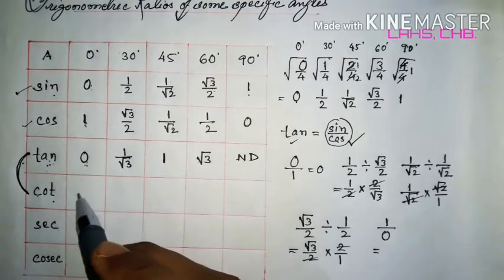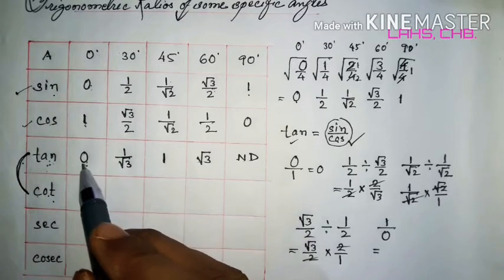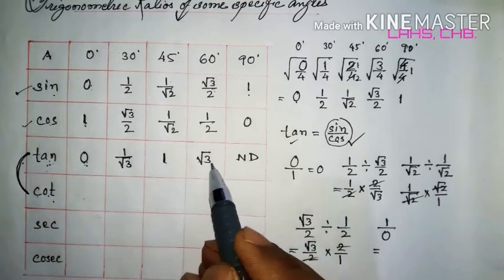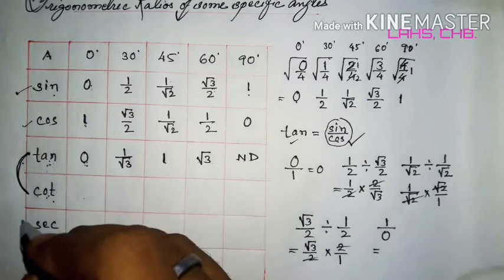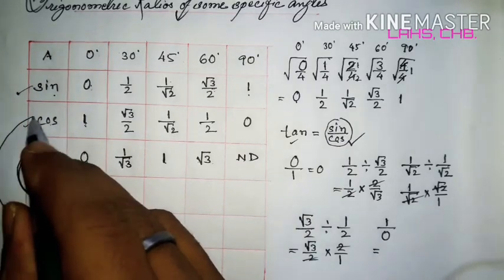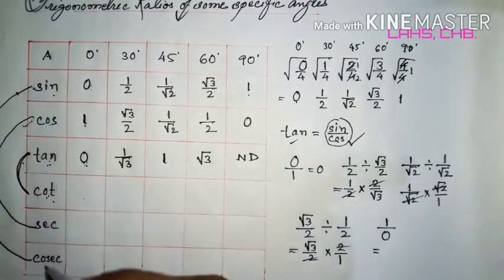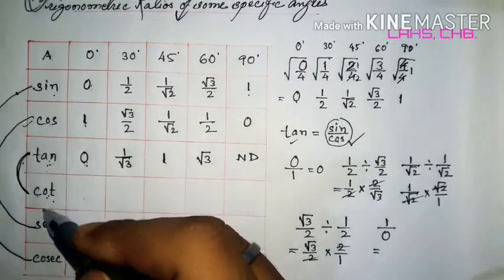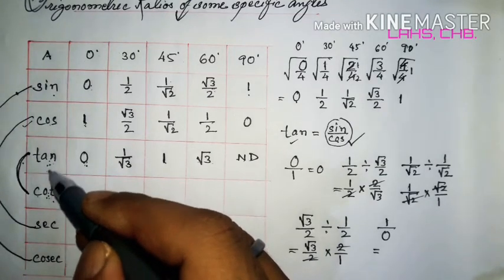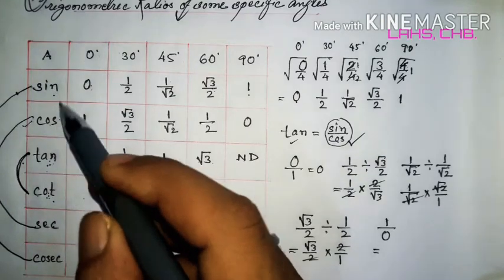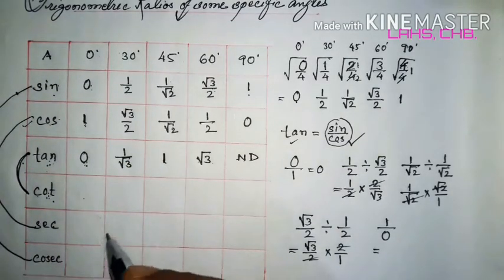In order to obtain the cot 0 degree value, we are going to make the reciprocal of all the values, because as you know, cot is the reciprocal of tan and sec is the reciprocal of cos and cosec is the reciprocal of sine and vice versa. Cot and tan are reciprocal to each other, cos and sec are reciprocal to each other. In the same way, sine and cosec are reciprocal to each other.